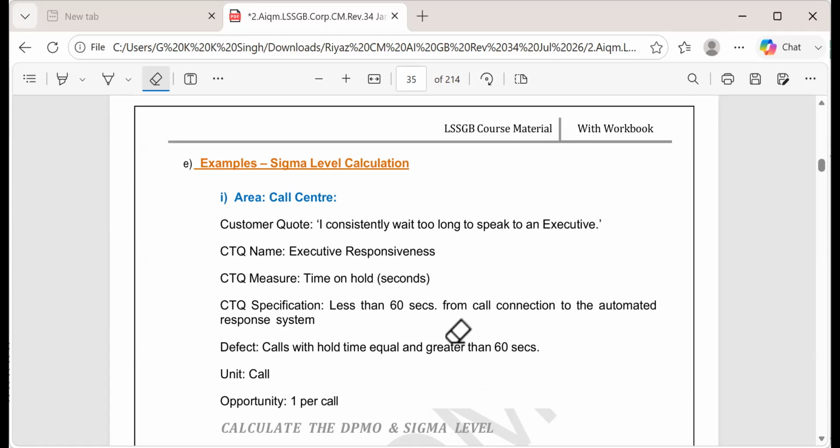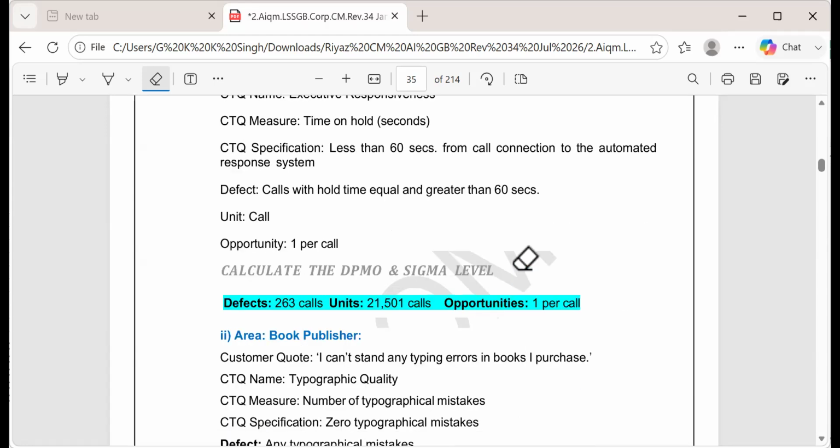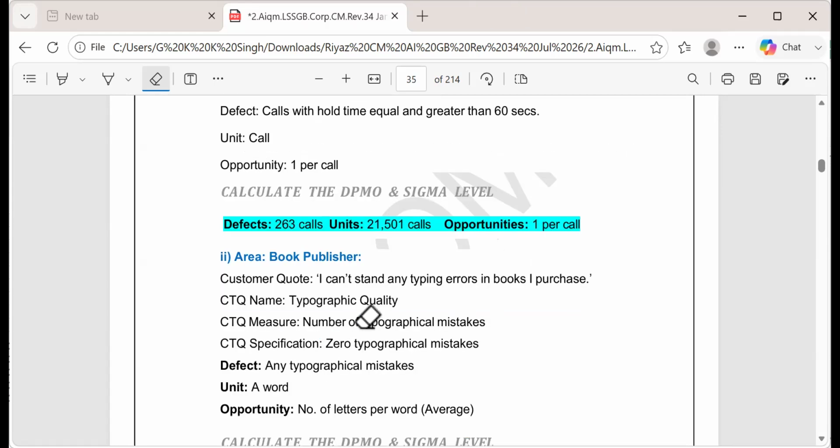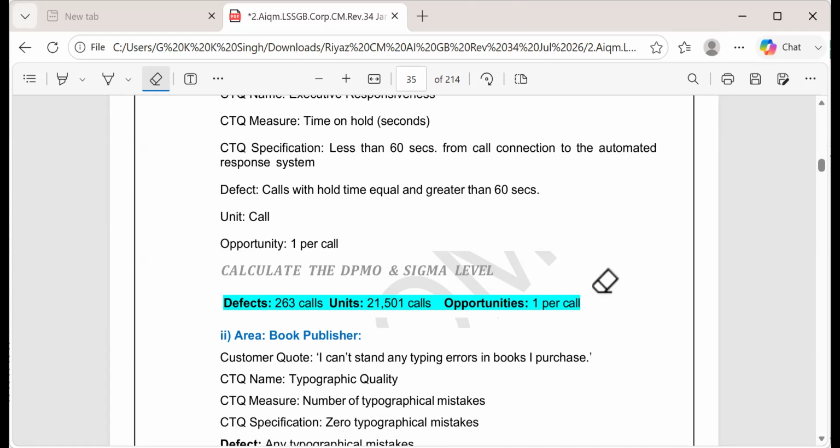Now as per the data here for the call center, the total number of calls is 21501. Defects are 263. So 263 divided by 21501, how much is it? So how much would be the DPMO? 263 divided by 21501 multiplied by a million divided by 1.